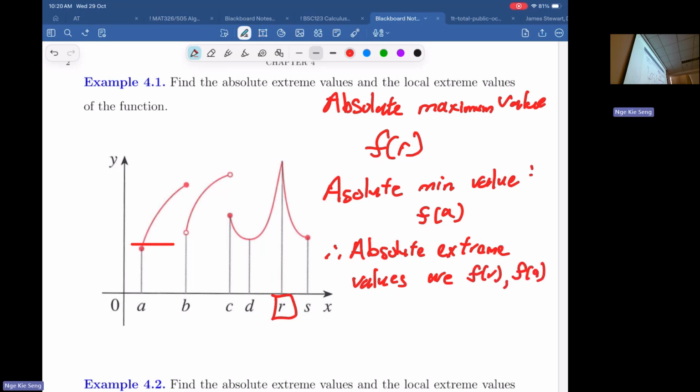Any local extreme value? Maybe let's look for local maximum first. Any local maximum? One try.